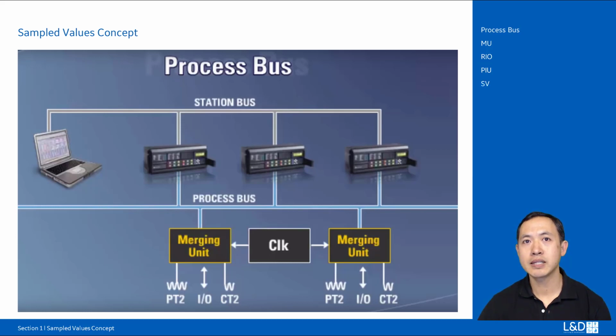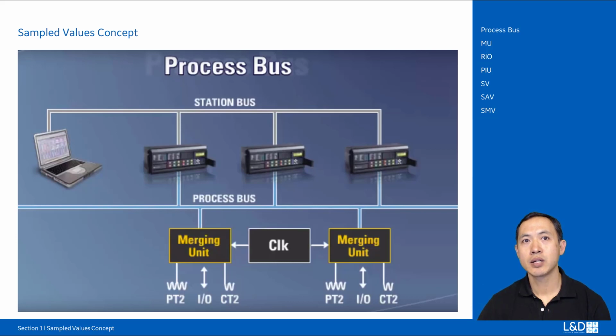Sampled values, SV, also called SAV, sampled analog values, or SMV, sampled measured values, are used for transmitting digitized instantaneous values of power system quantities, mainly primary current and voltages.